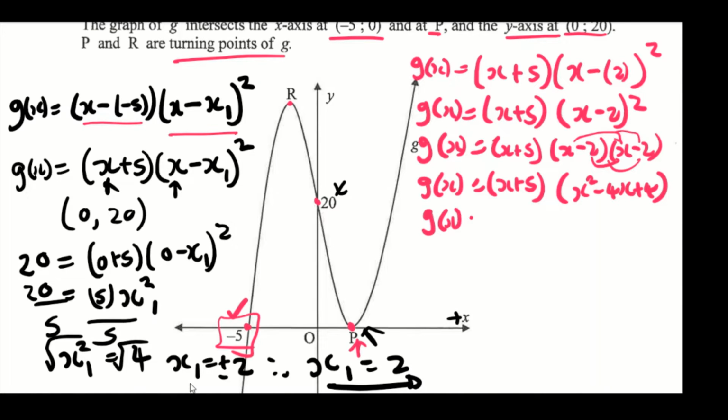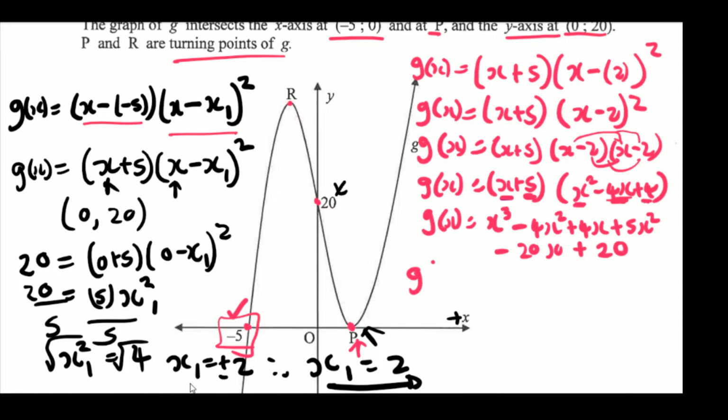So g of x equals, we're just going to find the product of this and this, which should give us x cubed, and x multiplied by -4, so it's minus 4x squared, and then x multiplied by 4, so plus 4x, and then plus 5x squared, which is this 5 multiplied by this x squared, and then minus 20x, which is the same 5 multiplied by minus 4x, and then plus 20, which is 5 multiplied by the 4.